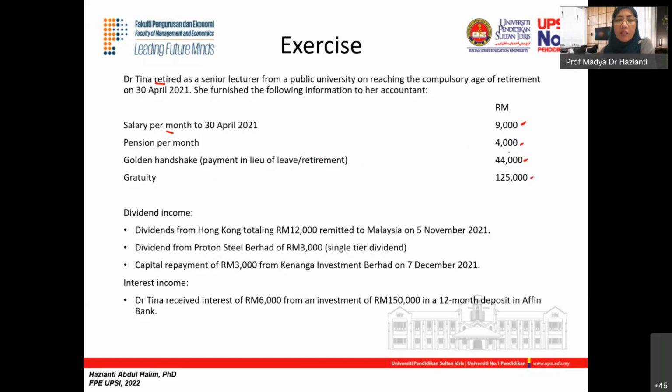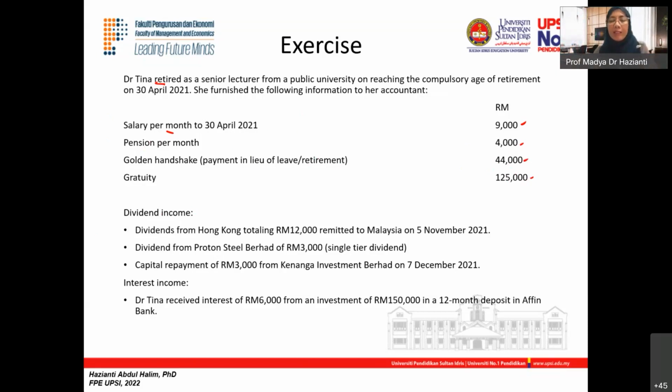In case you don't remember, go back to our employment income notes, and you can see whether these are taxed or not. Alright, dividend income. Here comes the employment income, but I combined it since we've done employment income, so this is how the question should look.